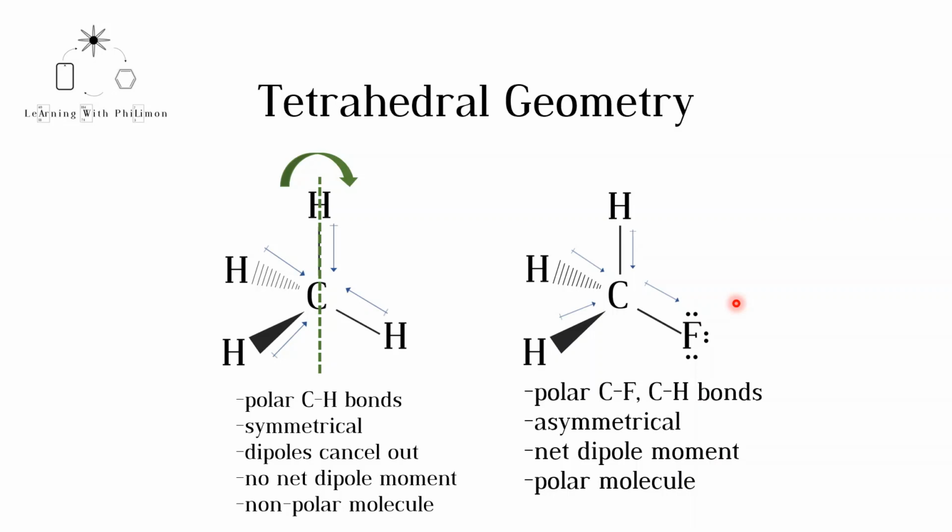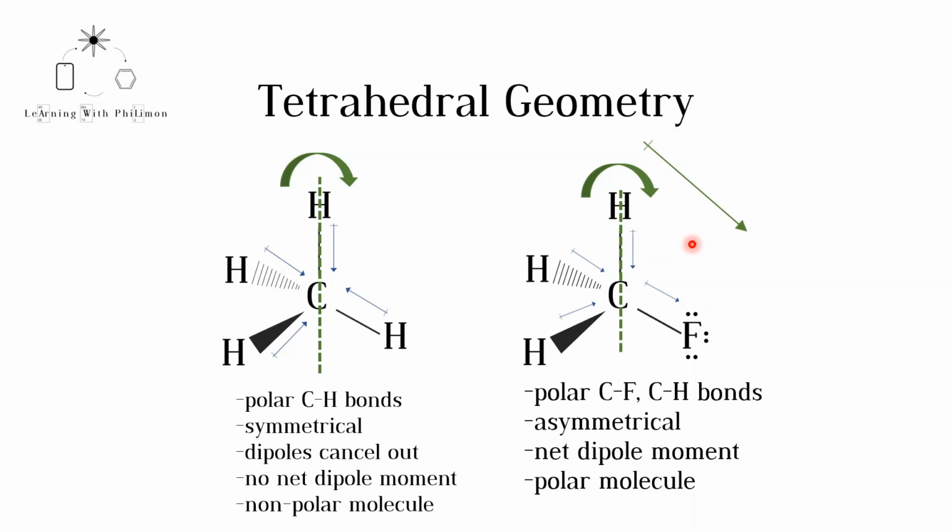If you rotate fluoromethane along this axis, it will not look the same due to the presence of the fluorine atom. As a result, the dipoles do not cancel out. The end of the molecule with a fluorine atom has a slight negative charge, as denoted by the net dipole moment. Yet again, we see molecules with the same geometry, but one which is nonpolar and one which is polar.